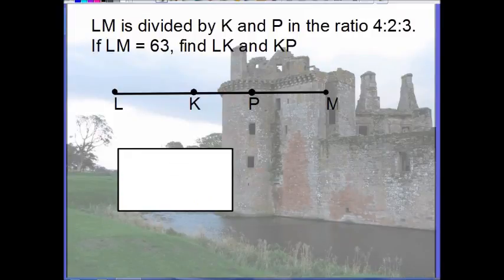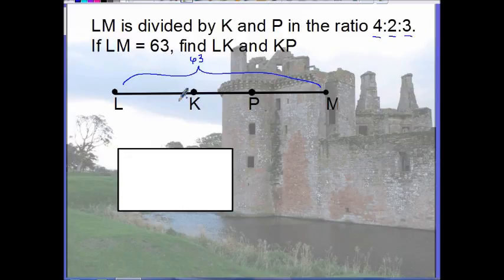LM is divided by K and P into the ratio 4 to 2 to 3. If LM equals 63, find LK and KP. Well, let's draw this out. We know that this big segment here, LM, is 63. And we have it divided into the ratio of 4 to 2 to 3.